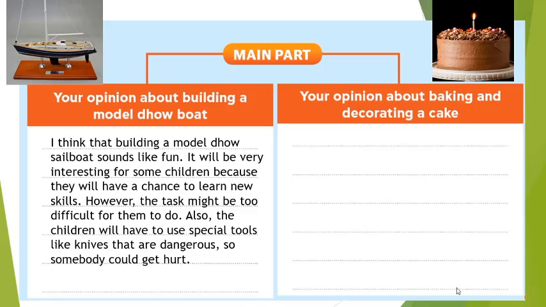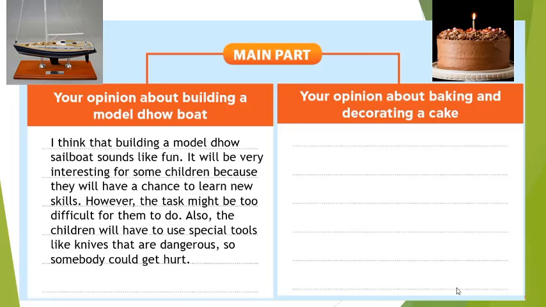It will be very interesting for some children because they will have a chance to learn new skills. However, the task might be too difficult for them to do. Also, the children will have to use special tools like knives that are dangerous, so somebody could get hurt. So you mentioned both the advantages and disadvantages of building a model boat.